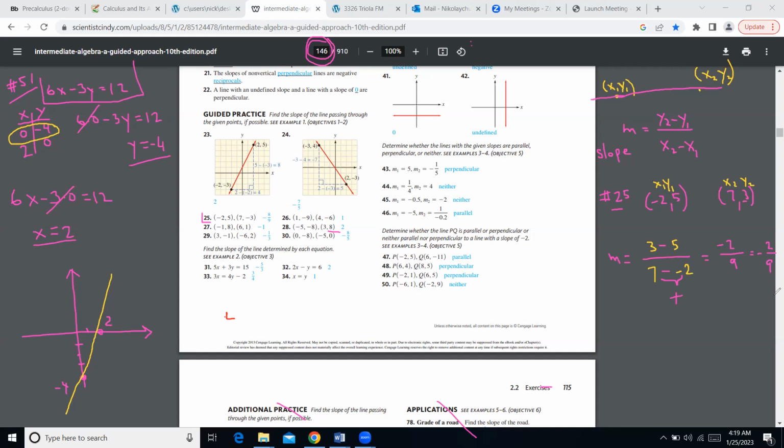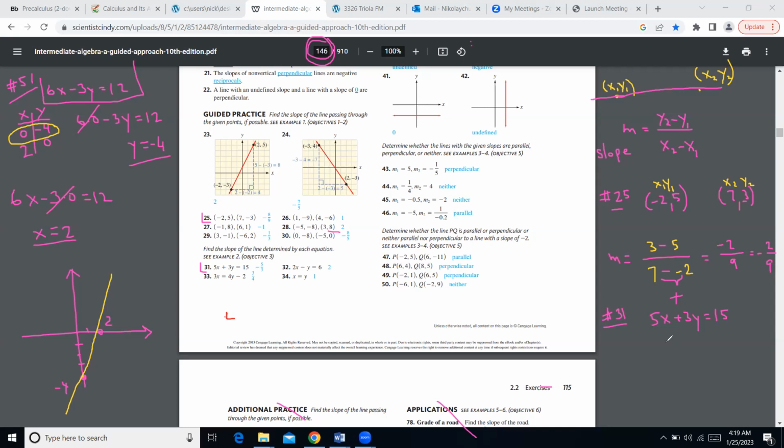So to find slope, I always use that little formula. Turns out that for an exercise like 31, we don't really have to worry about such a formula at all. Let me try exercise number 31 that says 5x plus 3y is equal to 15. In this exercise, I can actually do a little bit of a shortcut in finding the slope.